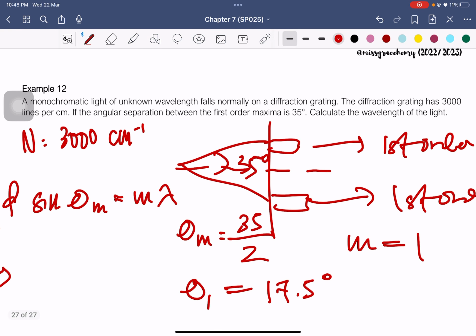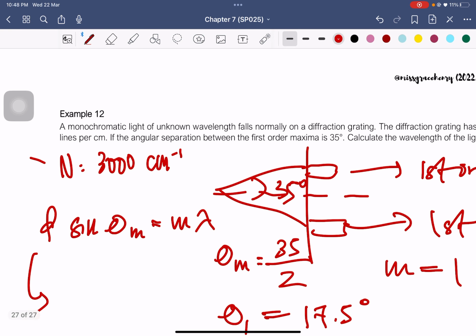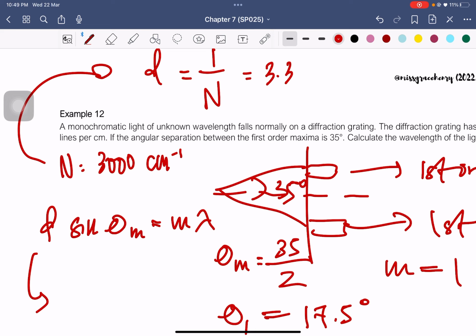So we have to find d. How do you find d? d is equal to 1 over n, which gives us 3.33 times 10 negative 6 meter.